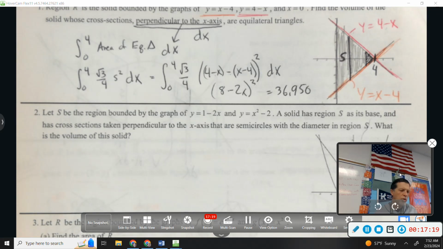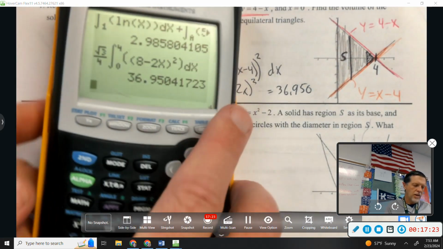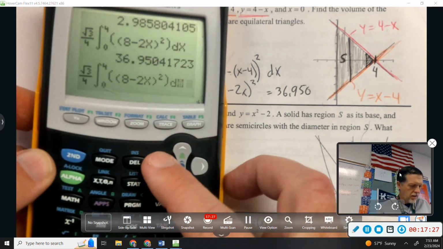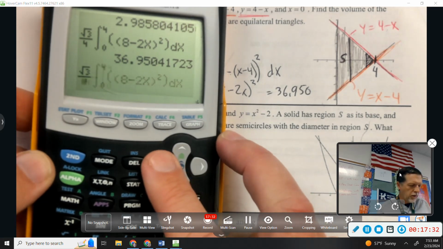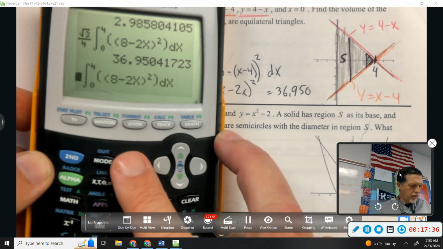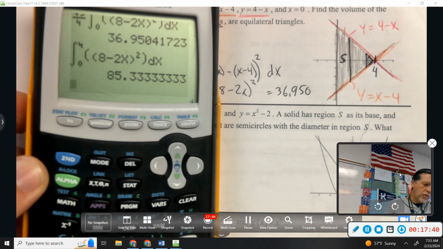For a multiple choice test, that probably won't be your answer. What we might should have done is hold off on the root 3 over 4, because that's what gives me the crazy decimal stuff. So I get 85.333.